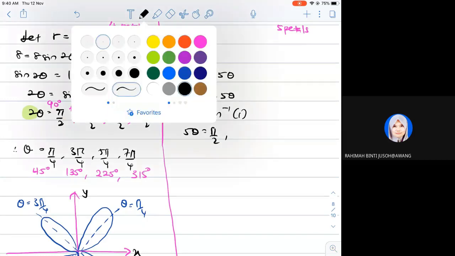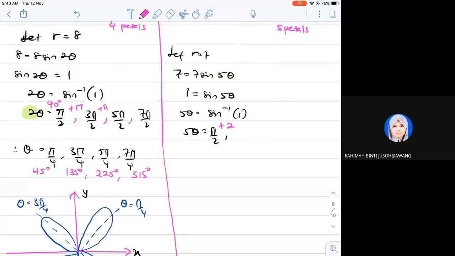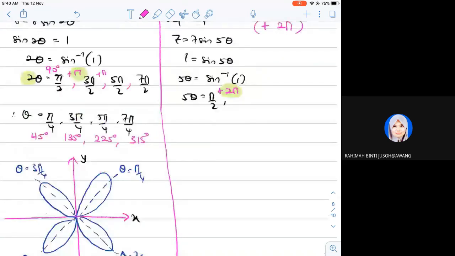Okay, now since n is odd, we should plus 2 pi. Okay, add 2 pi. It's different from before. Previously we added pi. But in this case we add 2 pi because of odd number. Okay, n is odd, so n odd means you have to plus 2 pi. Okay, add 2 pi, 2 pi, 2 pi. Before it was just pi, pi, pi.